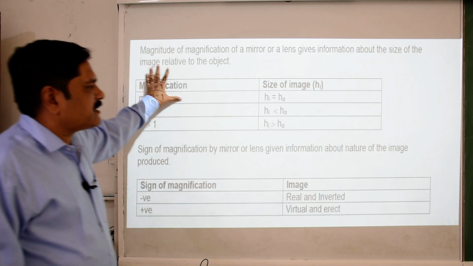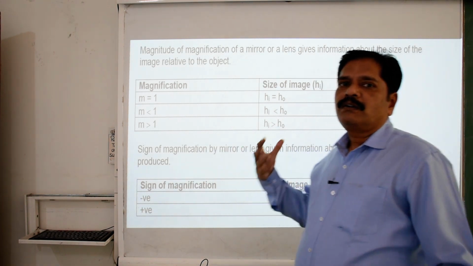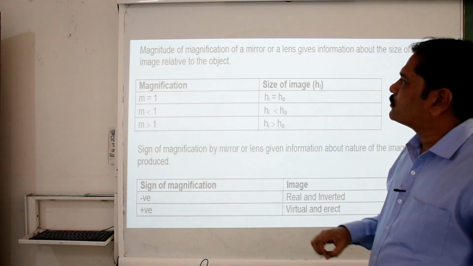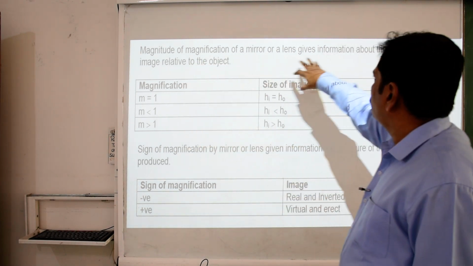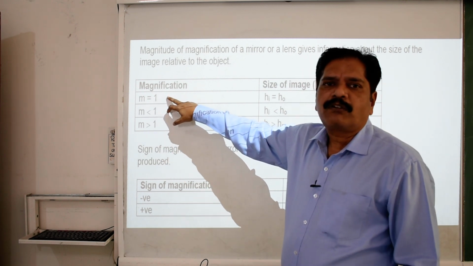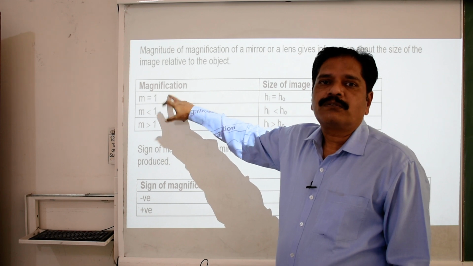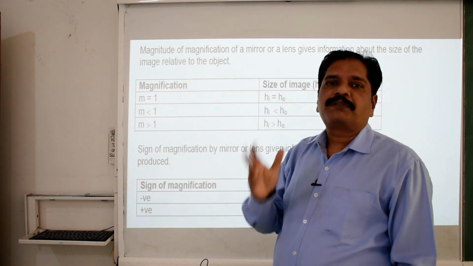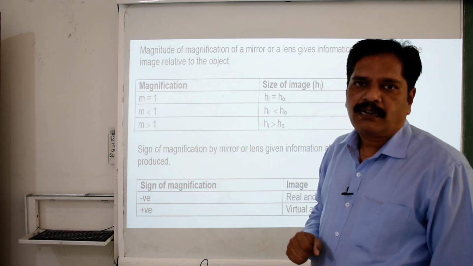Okay, now a few facts are given here in tabular form, from which we can draw conclusions. Just like that, here the magnification is given along with the sign. If magnification is equal to 1, then what do you conclude? You can conclude that the height of the object and height of the image are equal. They are equal in height.